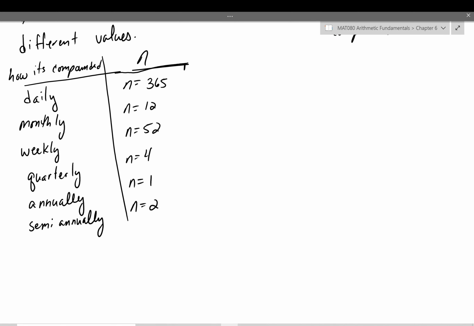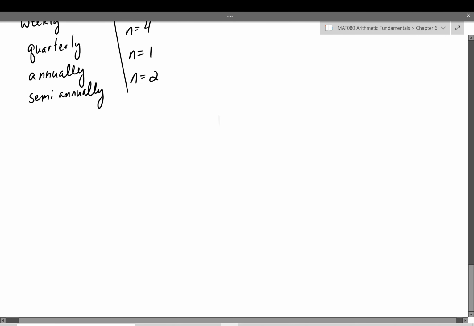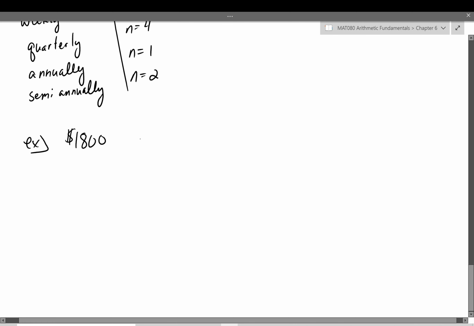Okay? So let's just look at an example and let's compare how simple interest differs from compounding interest. Okay? So let's say $1,800 is invested at 2% for 3 years.